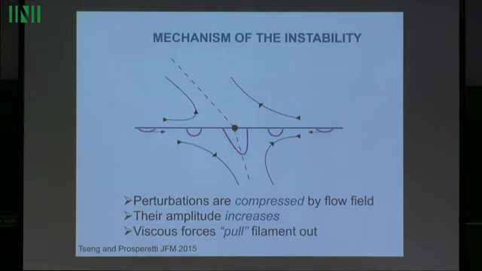This is a point of zero vorticity in the flow field, and disturbances along the interface can be convected to this point and then become unstable and be pulled out by this extensional flow that's adjacent to that drop, that location. So the argument that he would propose is that surfactants help this instability, but this instability does not require having surfactants present.